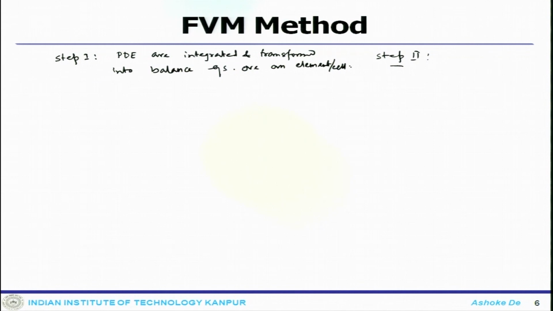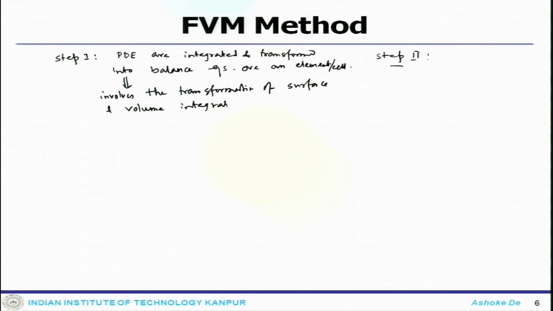You have a set of governing partial differential equations which are integrated and transformed into the balance system. What does that involve? That essentially involves the transformation of the surface and volume integral.